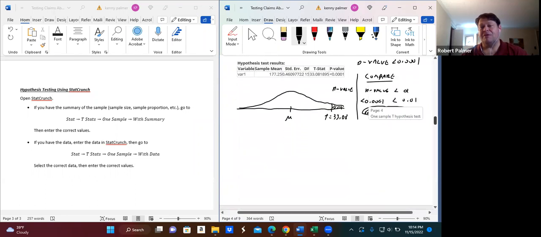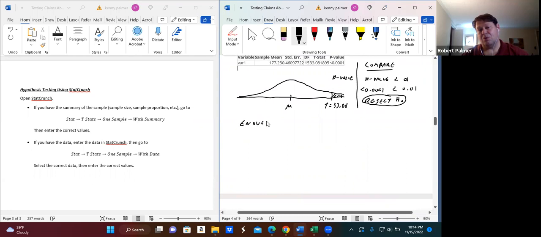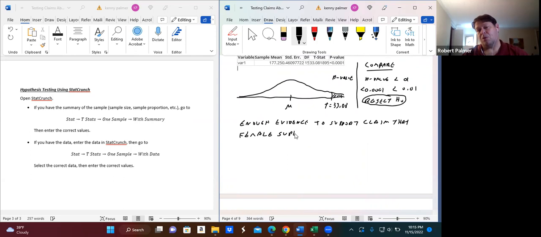And so there's enough evidence to support the claim that female supermodels have an average height greater than 162 centimeters, which once again is the average height for women in general.